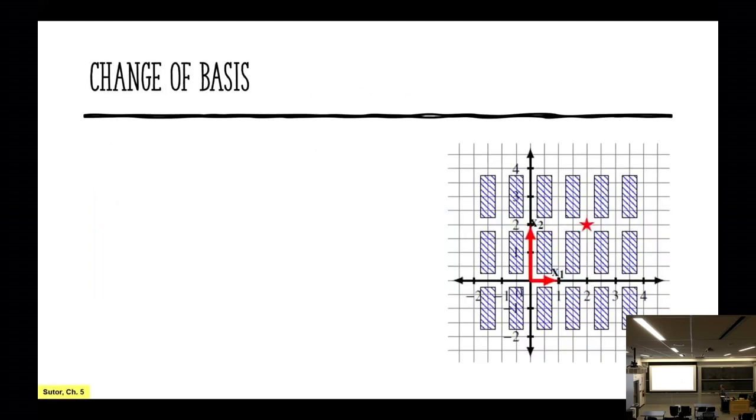But I think that this concept of change of basis can be really confusing, so it would be good to just get on the same page about bases in general and change of basis in particular.